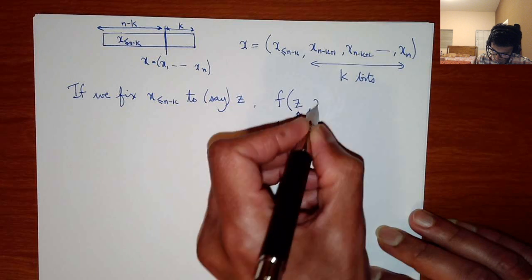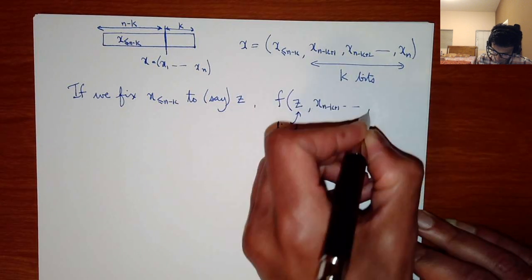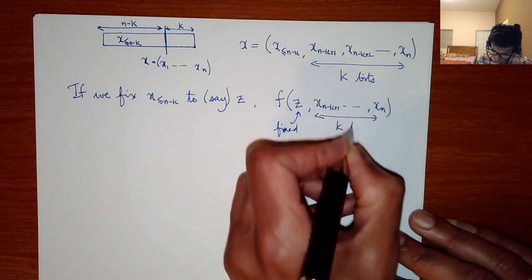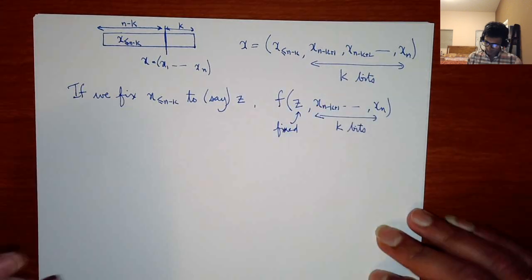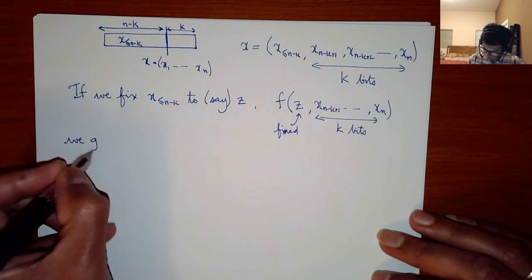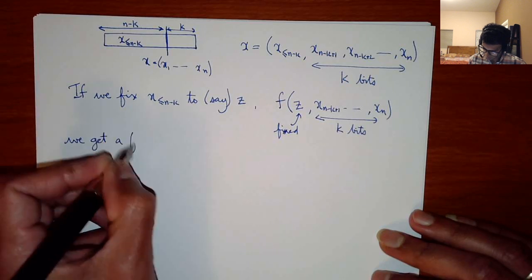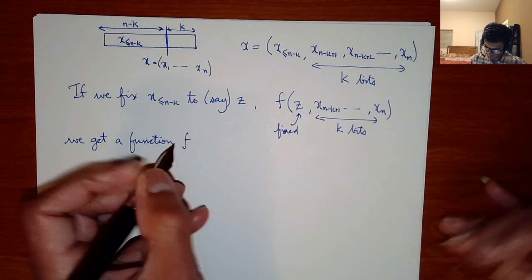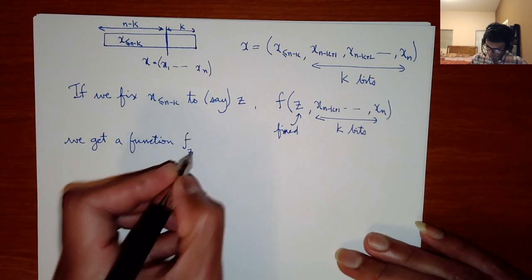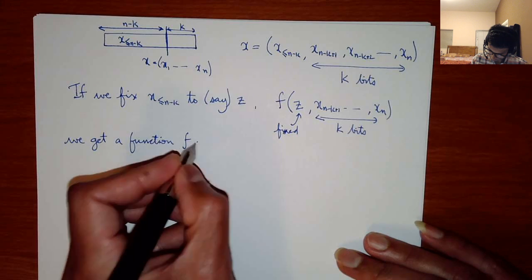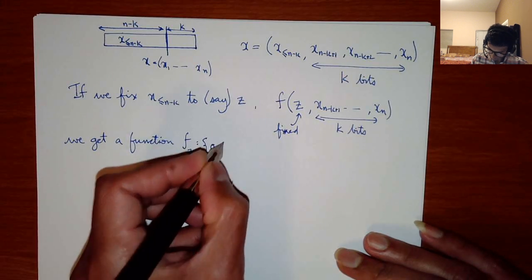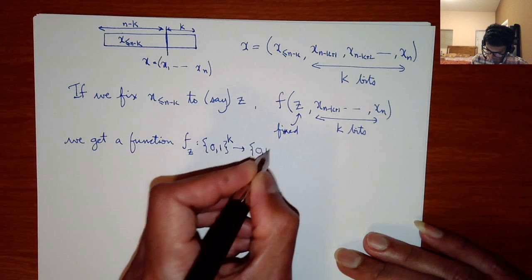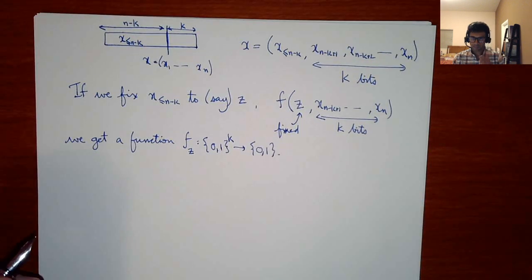Then you have x n minus k plus 1 up to xn, and that's k bits. If we fix z, we get a function of the form f_z, from {0,1}^k to {0,1}.